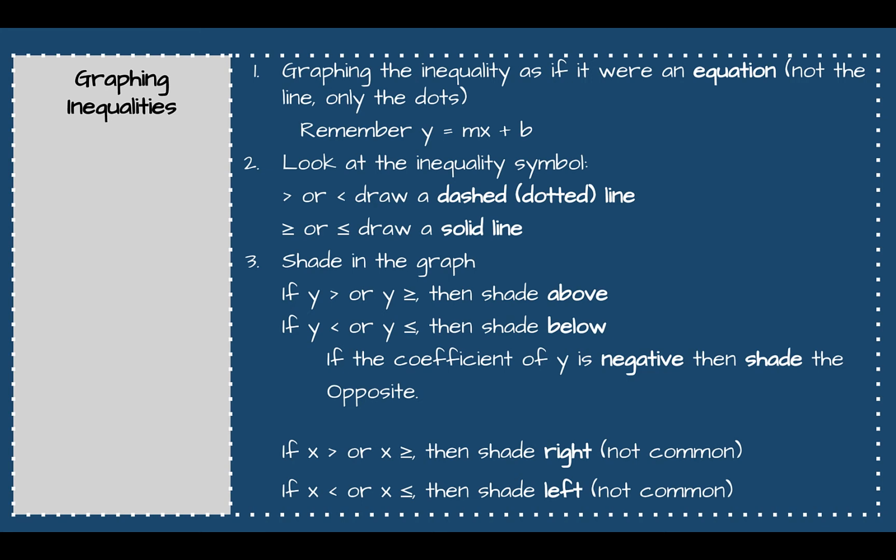For the next two, these are not common at all, and only use these if you don't have a y in your inequality. Okay, so if x is greater than or equal to, then you're going to shade to the right. If x is less than or equal to, then you would shade to the left. Again, don't use those unless there's not a y in the inequality.